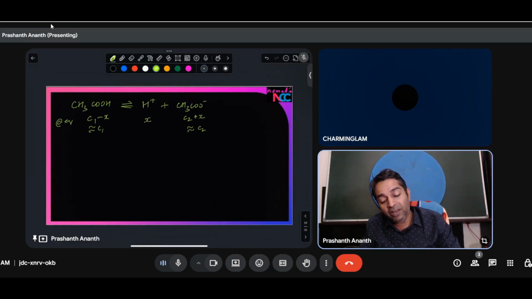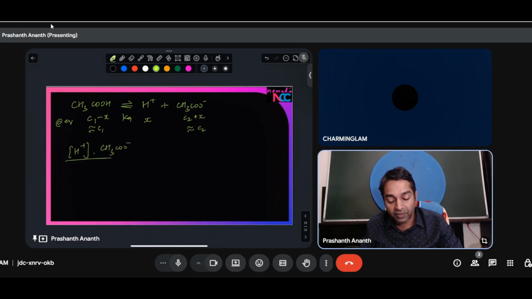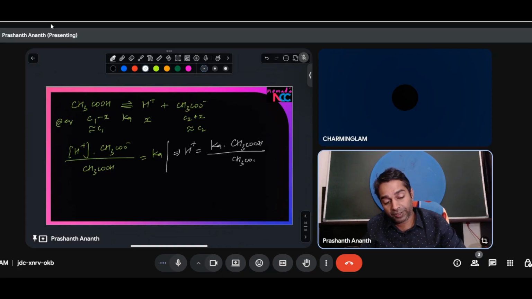So if I am calculating the concentration of H plus, we can effectively write the Ka equilibrium here: H plus into CH3COO minus divided by CH3COOH should be equal to Ka. Meaning we will now have H plus equal to Ka into CH3COOH divided by CH3COO minus concentration.